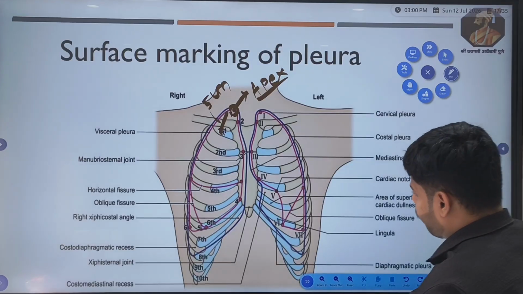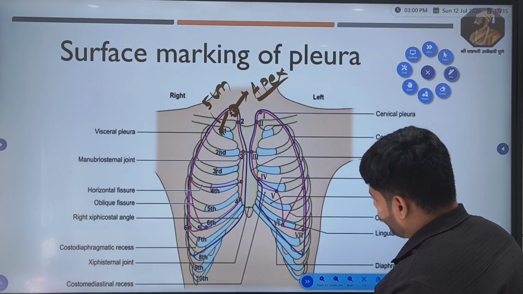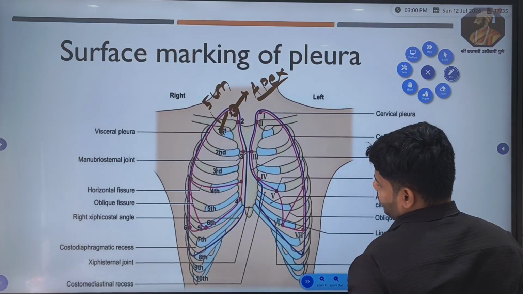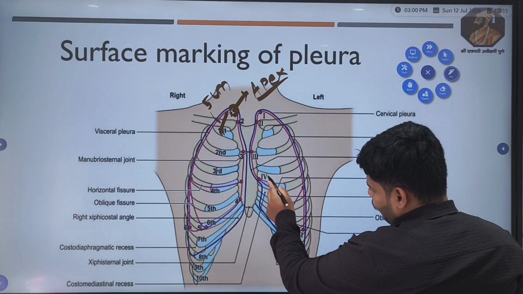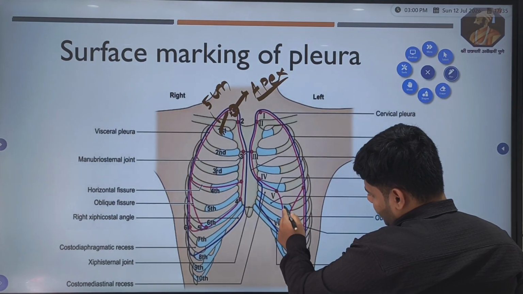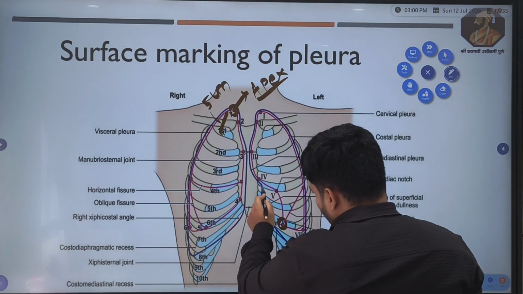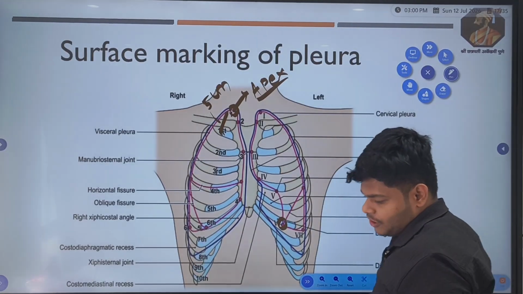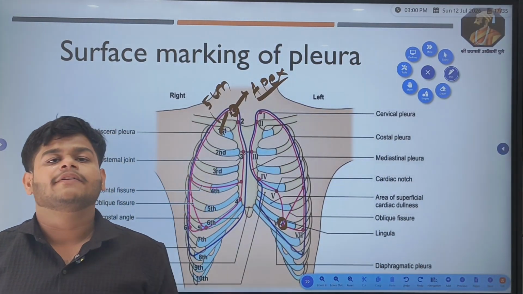It is the same on the left side until the fourth costal cartilage, but from there it takes a turn 3.5 centimeter and comes to the sixth point, and here it forms the space called the cardiac notch, the mediastinal space where your heart is present.